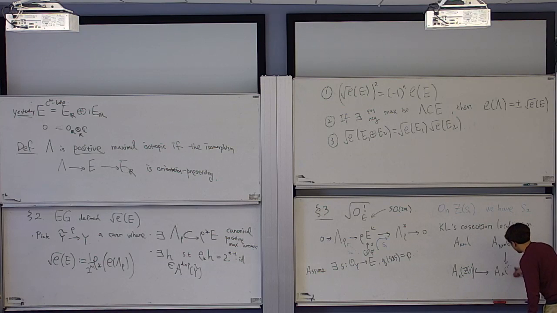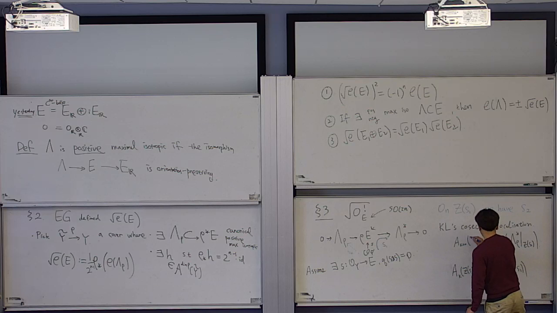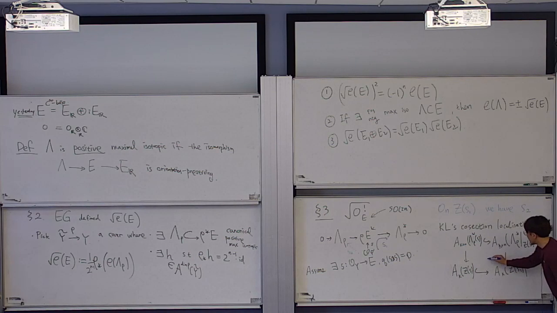Let me write it first and explain later. First of all, this is a bundle restricted to the zero locus of S1, and this morphism is the Fulton-MacPherson morphism, an inverse Thom isomorphism to 0 over S1.